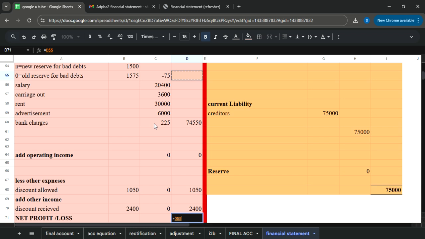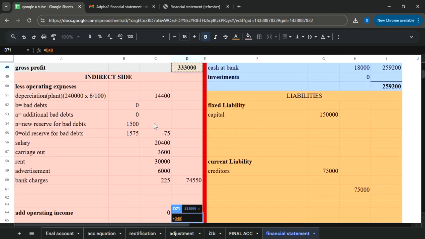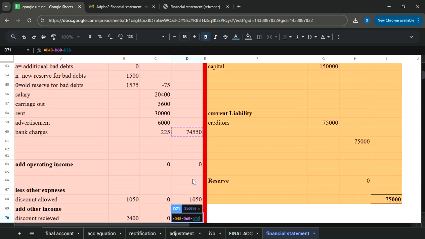As you know, we will take gross profit first. This is your gross profit, and then you will subtract all operating expenses, and then you will subtract again all other expenses, 1050, and then you will add all other incomes, which is actually 2400.